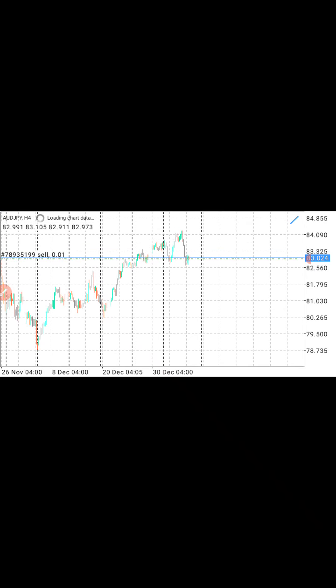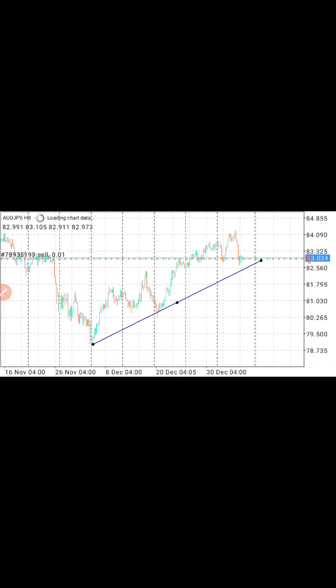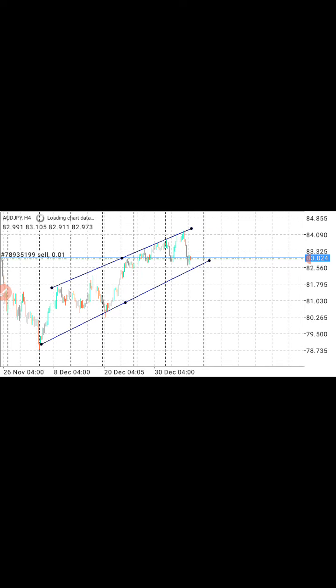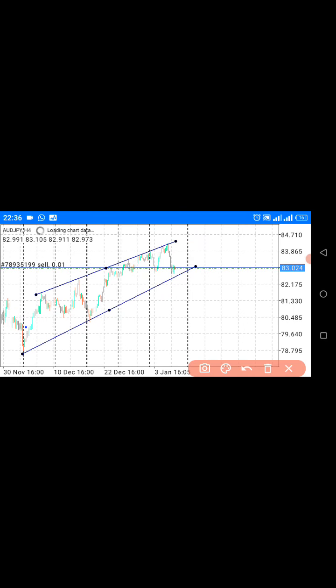Let me look at this one. Exactly, we have one pattern here with the three touches, 1, 2, 3.